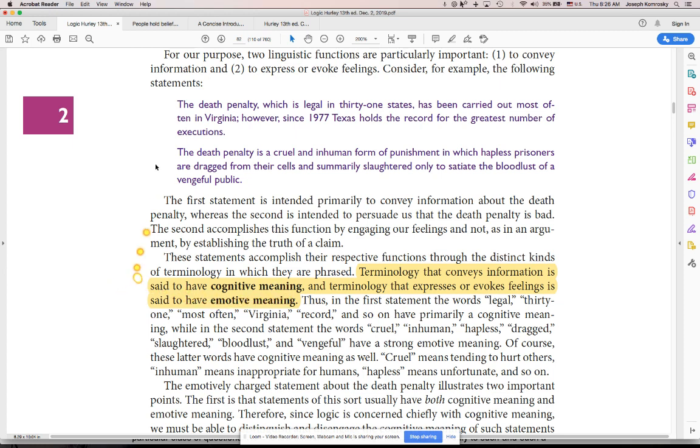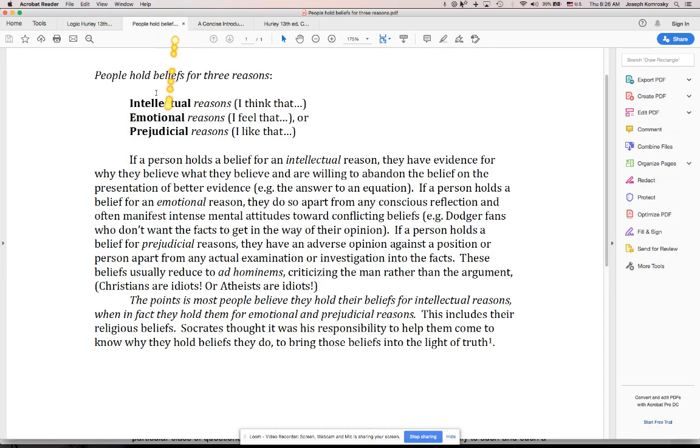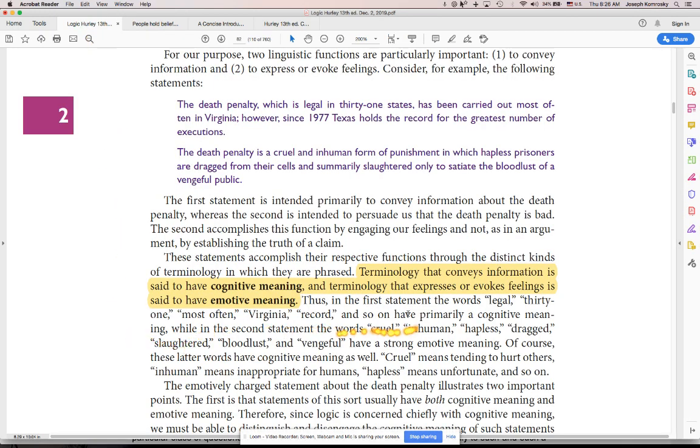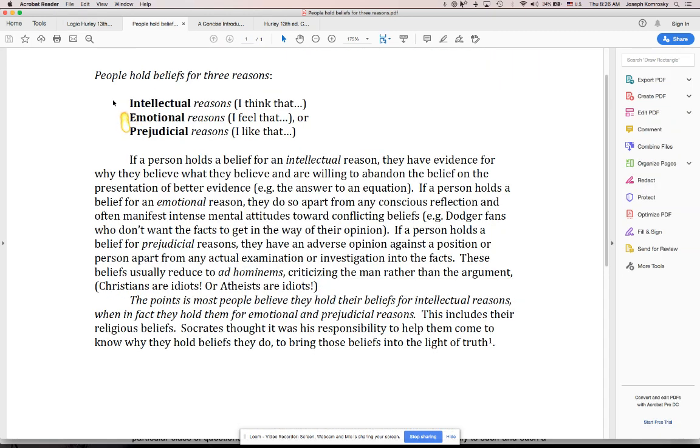Cognitive meaning might have something to do with intellectual reasons for why you believe something, right? You believe something based upon information, facts, evidence, right? Versus emotive meaning. Something that expresses or evokes feelings is said to have emotive meaning, right? So then go back to this practical application, the emotional reasons, right? And there's a difference between the 2.